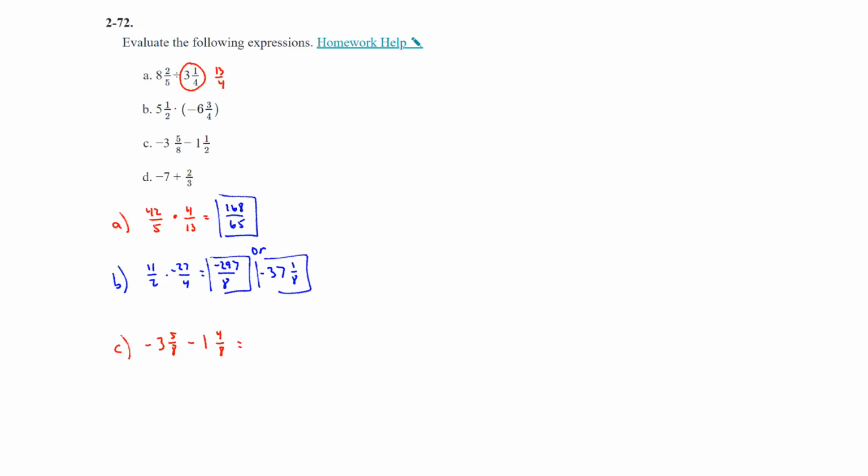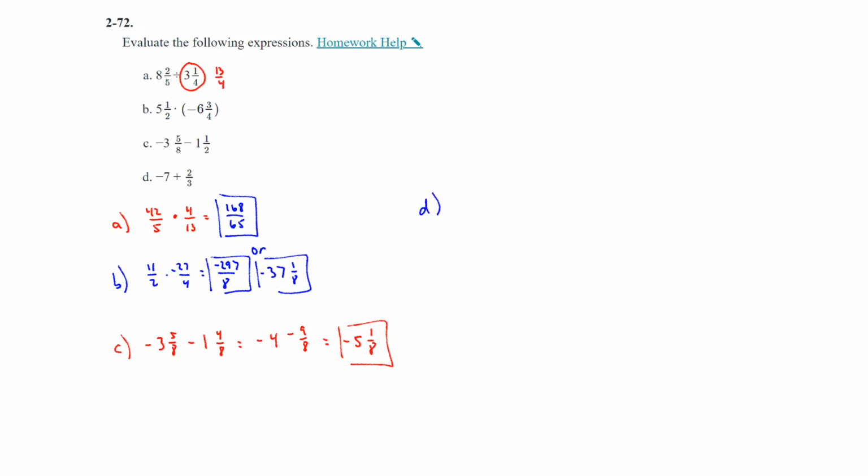So you have negative 3 minus 1, which would give us negative 4. I guess the only issue here is I have negative 5 minus 4, which would be negative 9/8. So if we simplify that, that'll be negative 5 and 1/8. So maybe we could have changed it to an improper, but either way is going to work.